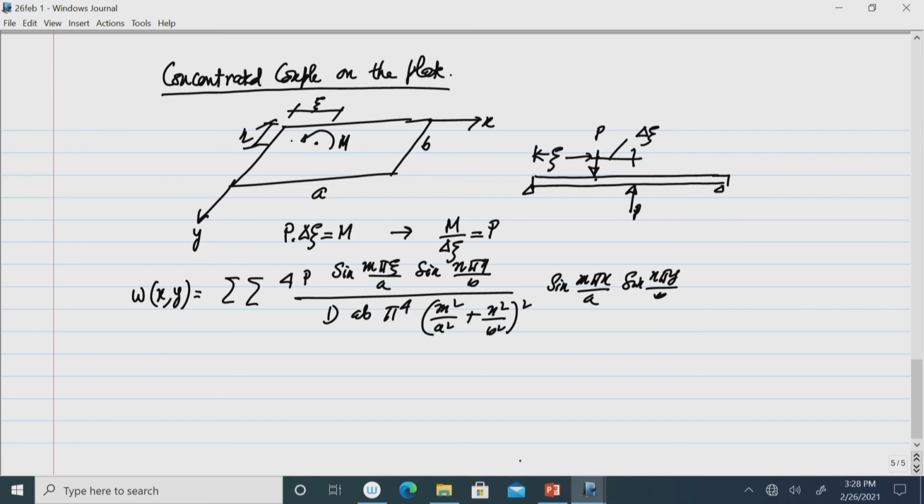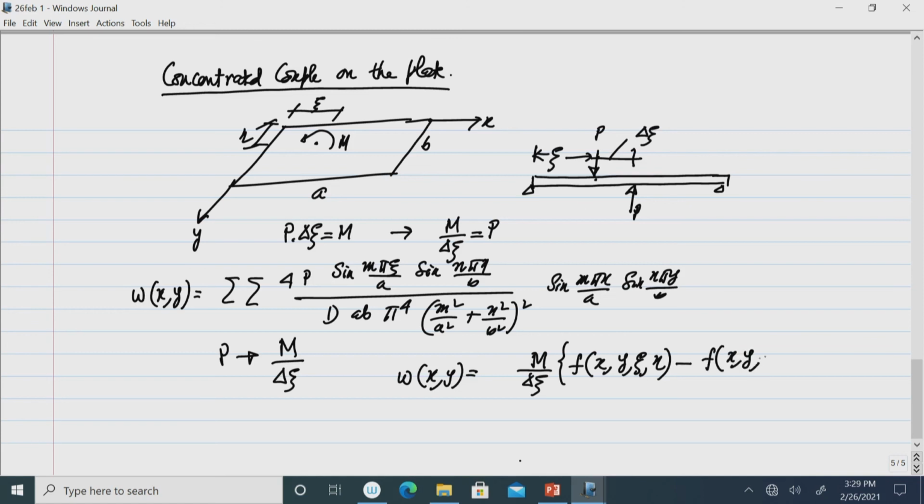Now, P is replaced by M by delta xi, and then we can write the deflected surface as M by delta xi, function of x, y, xi, eta for the downward load, and for the upward load a function of x, y, xi plus delta xi and eta.